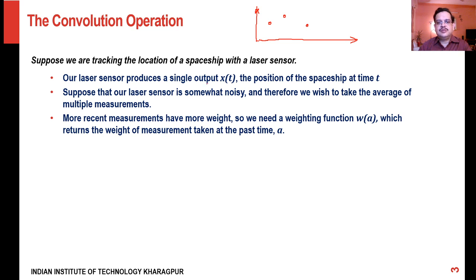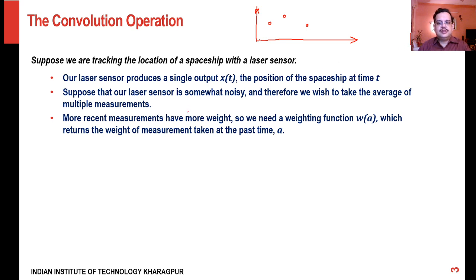So it produces a single output x(t), the position of the spaceship at time t. So I have this function which senses the position of the spacecraft, and it produces at time t the position as a function of time.